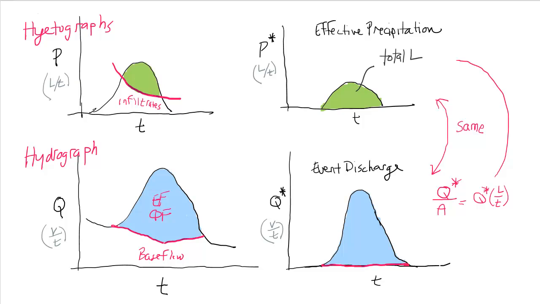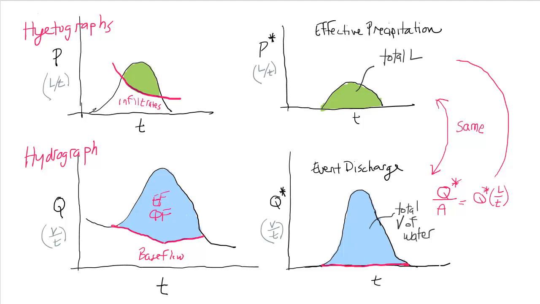Similarly, if this is the event discharge hydrograph, and the discharge was measured in cubic feet per second, and that was rushing by over a period of a certain number of hours, the area underneath this curve would be the total volume of water that was due to the precipitation event.